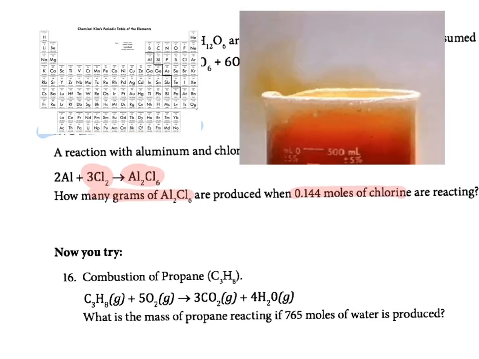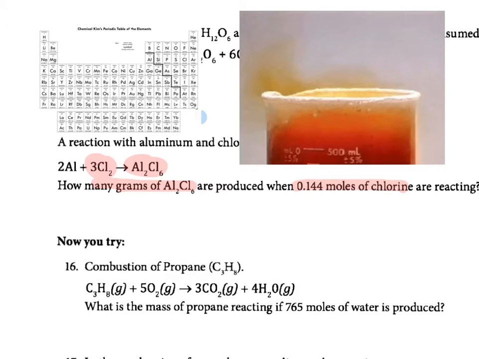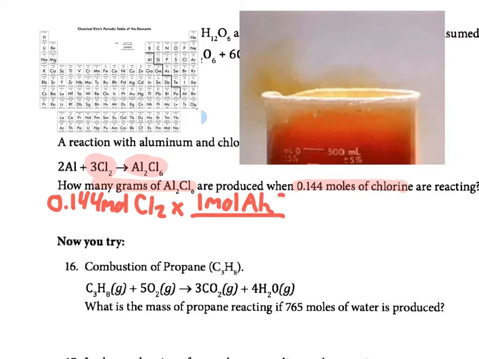So to start that off, I write out the 0.144 mole Cl2, and I'm going to multiply that by the relationship of Al2Cl6 to chlorine. So I'm going to put 1 mole Al2Cl6 on top because that's what I want to find, and then 3 mole Cl2 on the bottom because that's what I'm converting from.